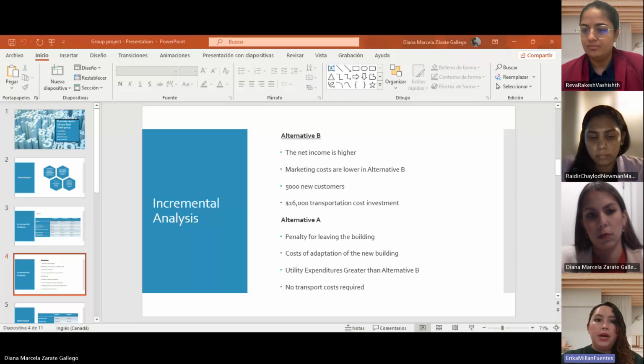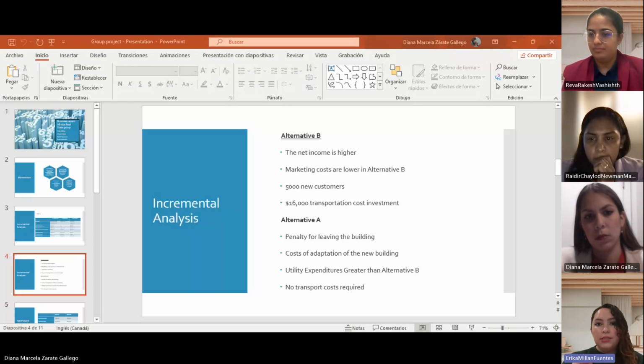If we compare the table that my partner mentioned in the first slide, we can see exactly which points are relevant in this part.